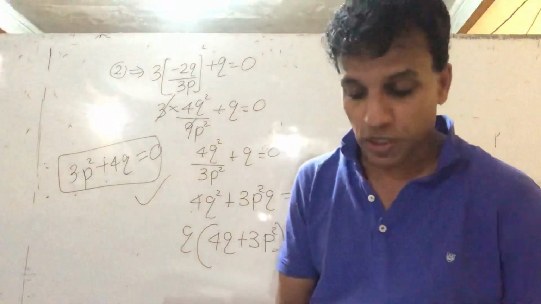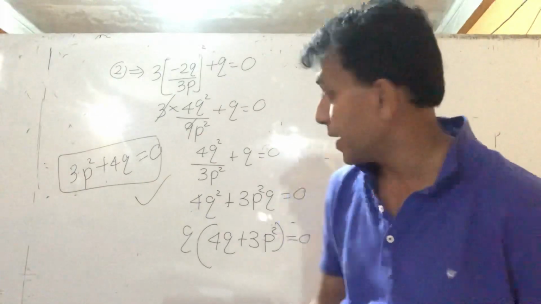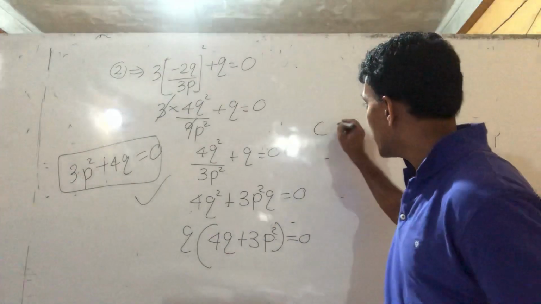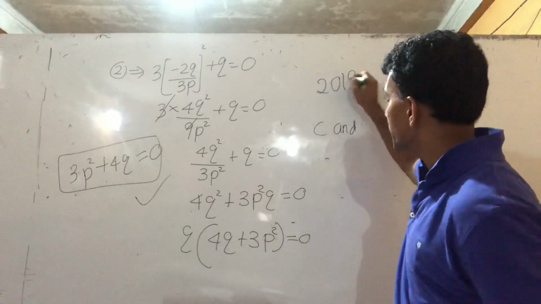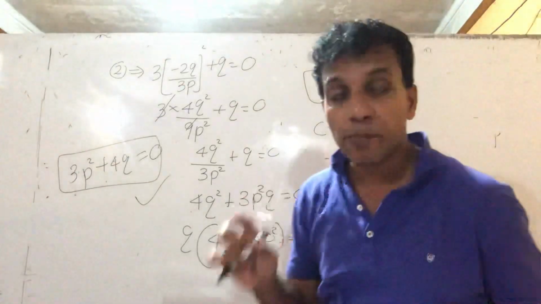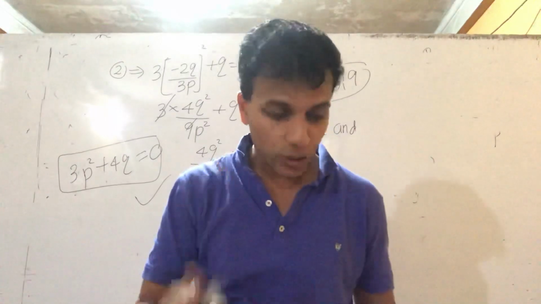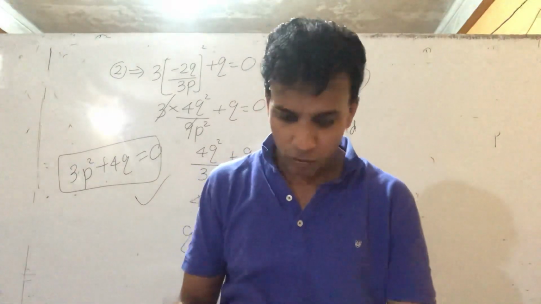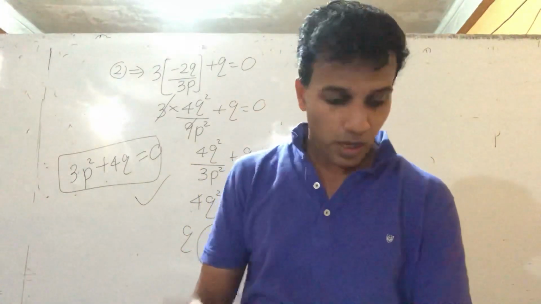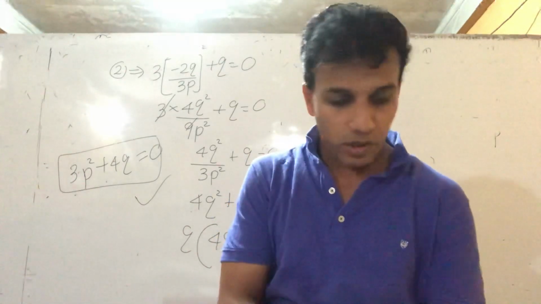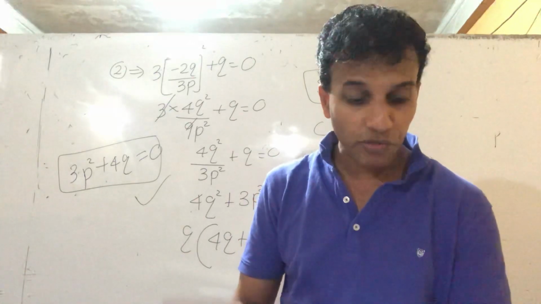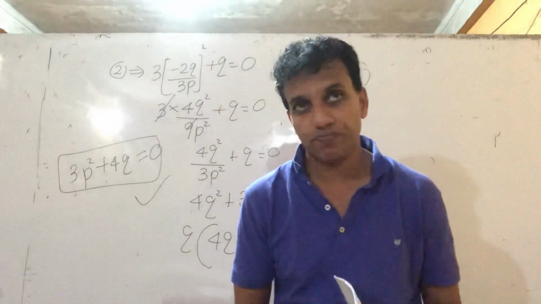Okay, write this question. Let c and d. The 2019 problem, every exam paper, pure mathematics. The first question is this. They gave 55 marks for this question.